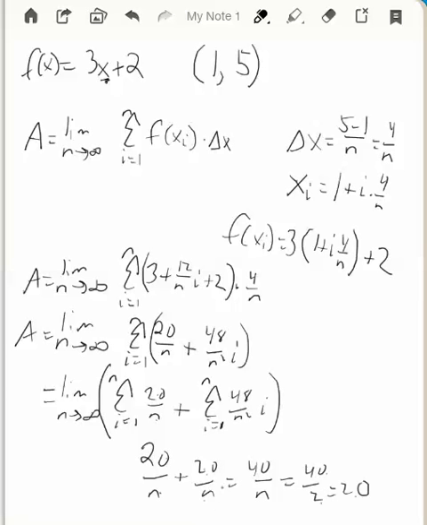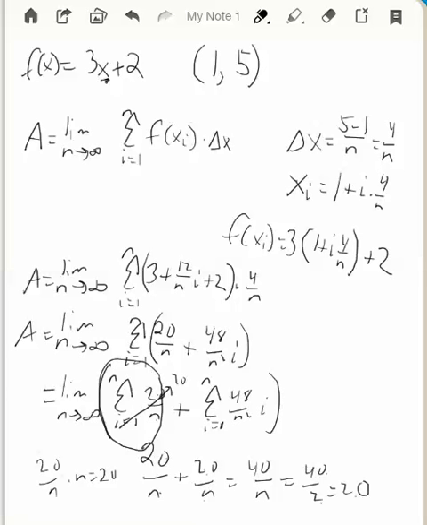You could repeat this process for 3, 4, 5 of them. It doesn't matter. However many you have, you're just going to end up taking the 20 over n and multiplying by n, and you end up with the 20. So this whole part right here will just go to 20.